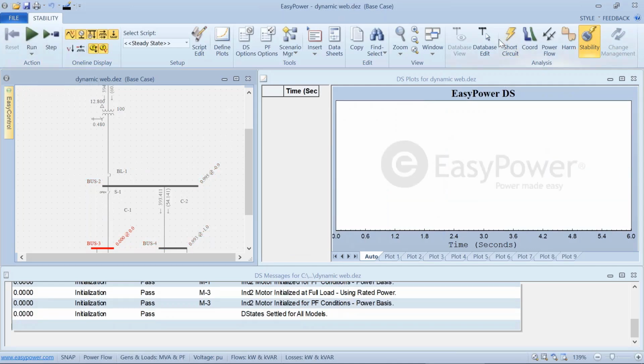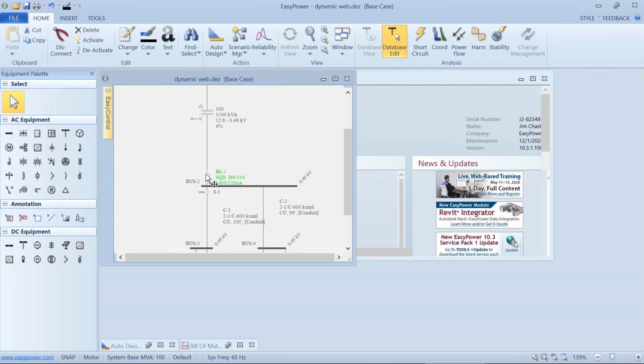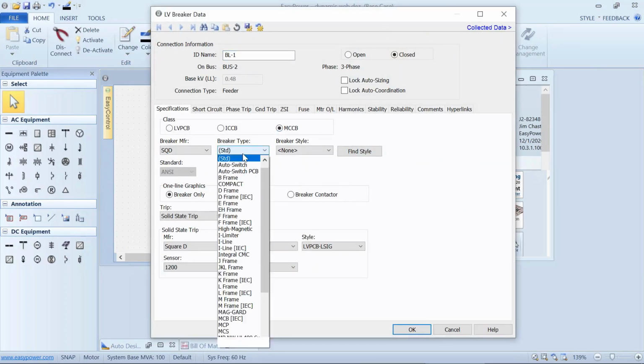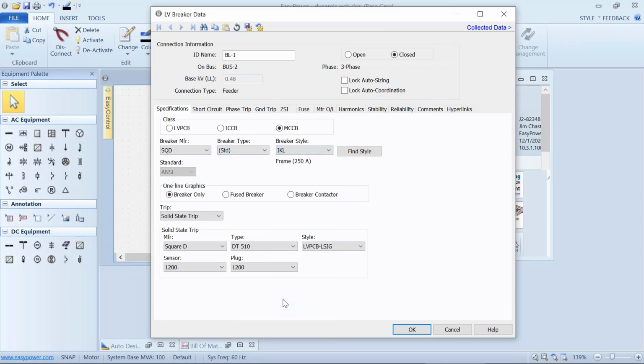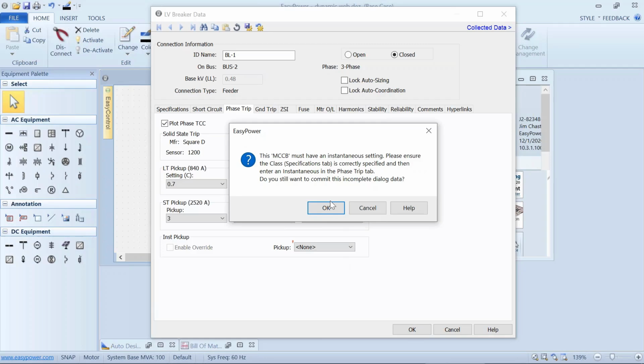So let's go back to database edit. I didn't want this breaker to trip. Okay, let's see if it'll do it now.